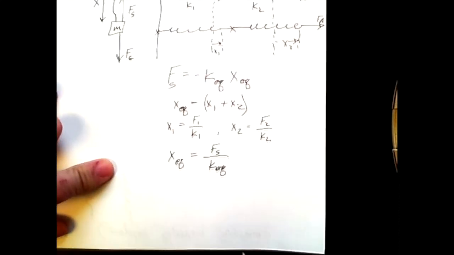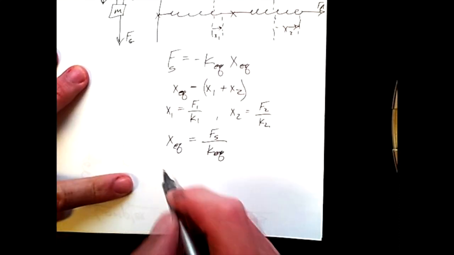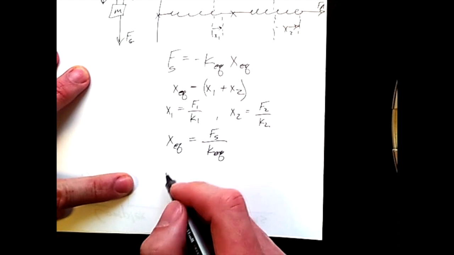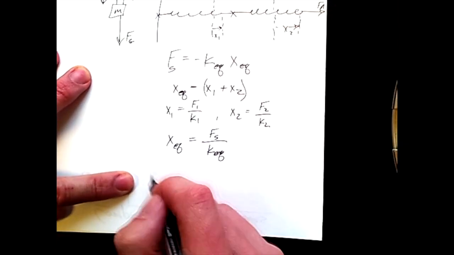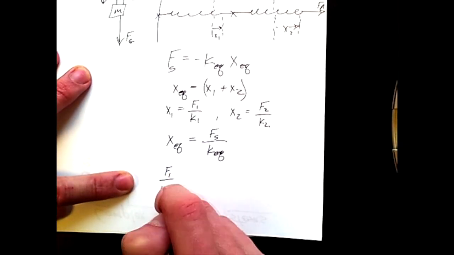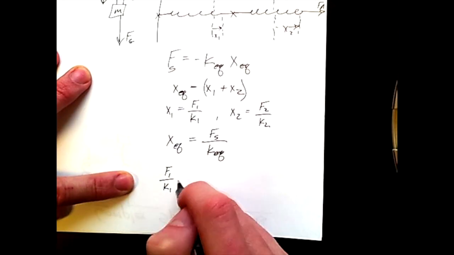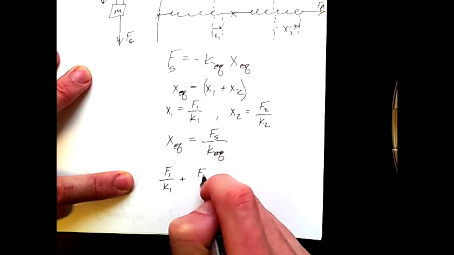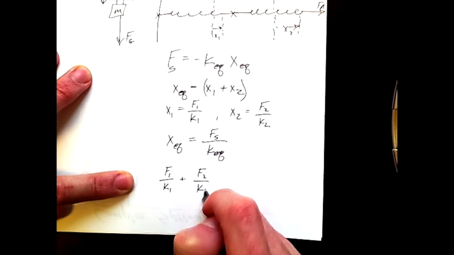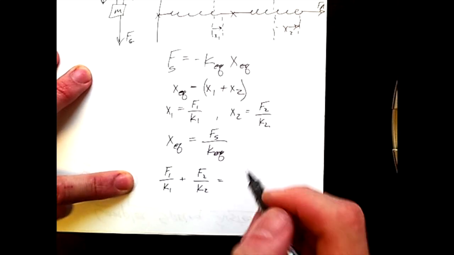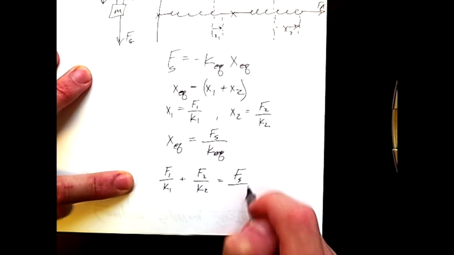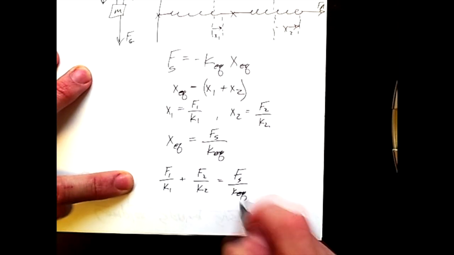So if we expand our equivalent displacement out as these two functions, then we can see here that F1 over k1 plus F2 over k2 is equal to F_s over k equivalent.